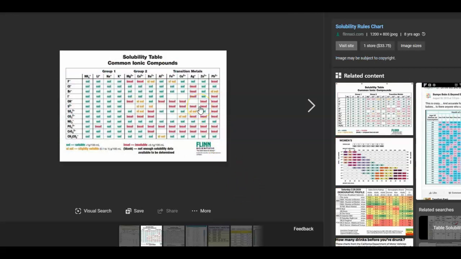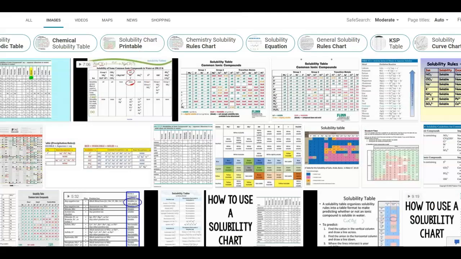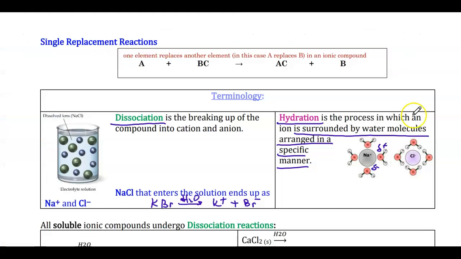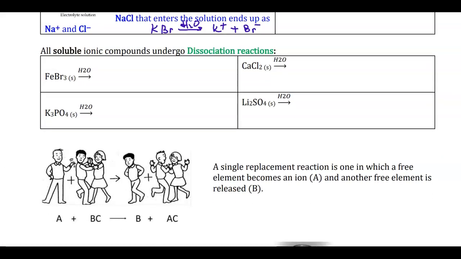And you can see that there are ions with their charges here, and you can see chloride, bromide, negatively charged. So use your solubility chart, okay?